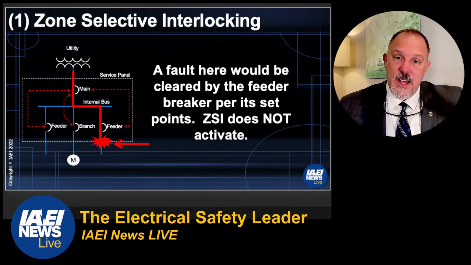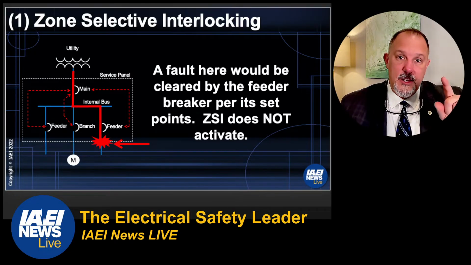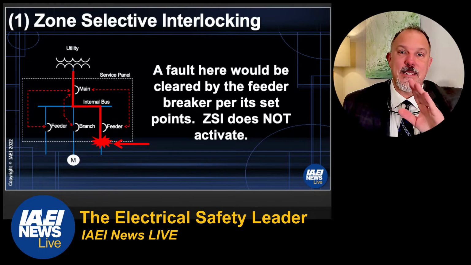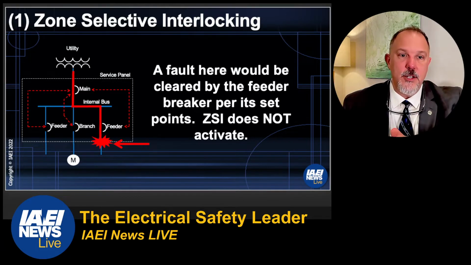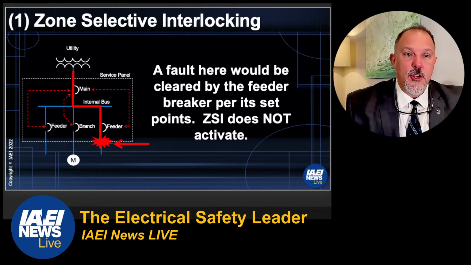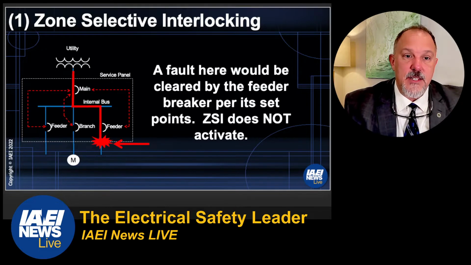If it sees 5 volts, do you know what it does? It trips. It will trip based upon the settings that you put into its trip curve. So this main device, when it sees that current, it looks for the 5 volts. If the 5 volts is there, we call that a restraining signal.